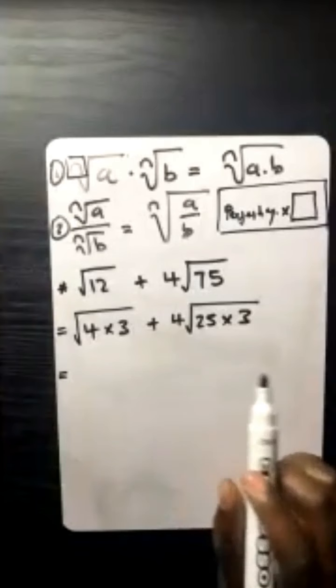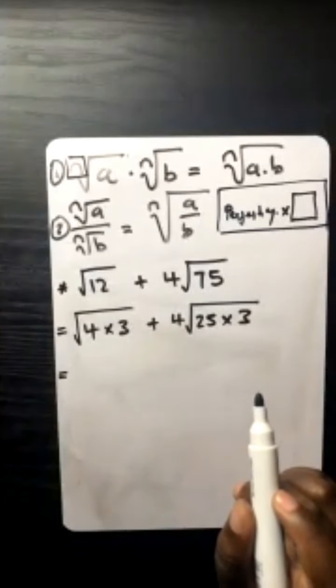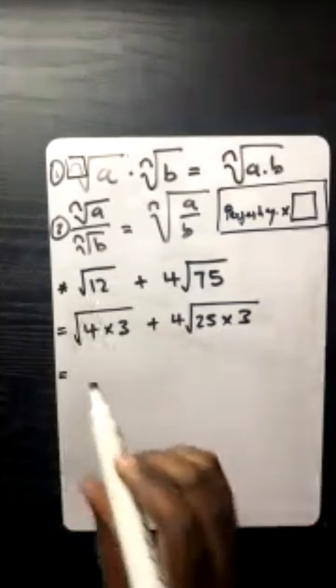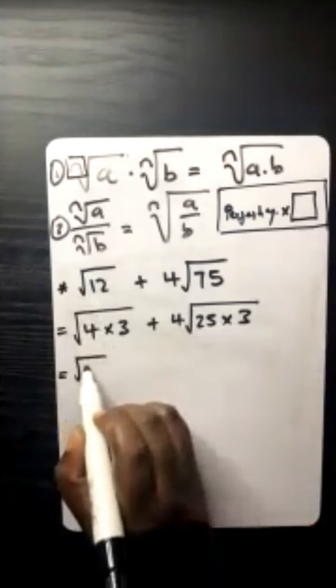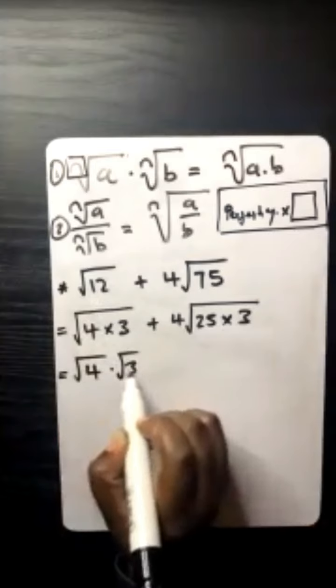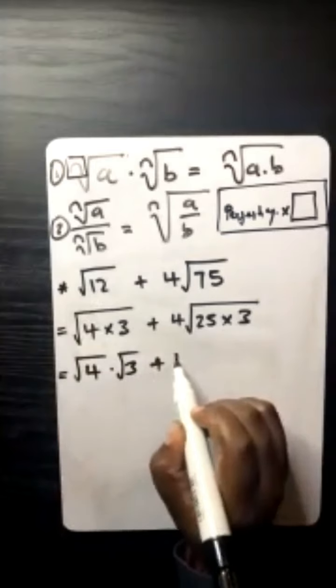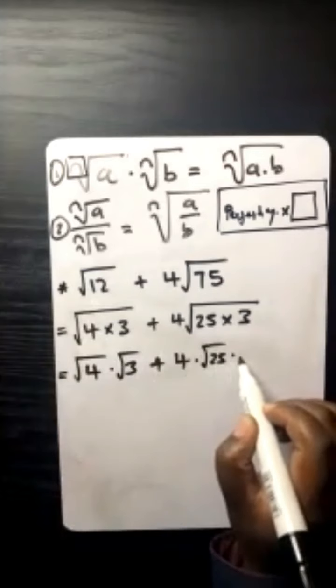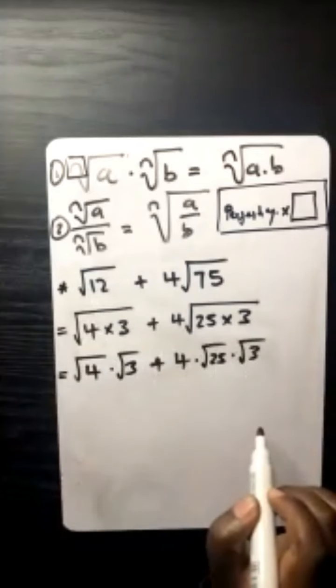So the coefficient is 4 and our n value is invisible 2. 100%, which means now we can say we've got square root of that, plus 4 multiplied by square root of 25 multiplied by square root of 3 over there.